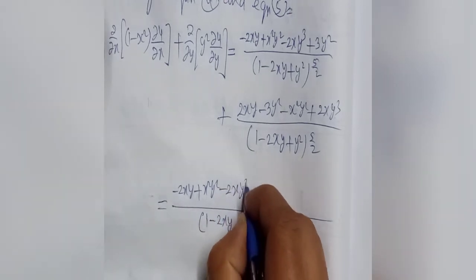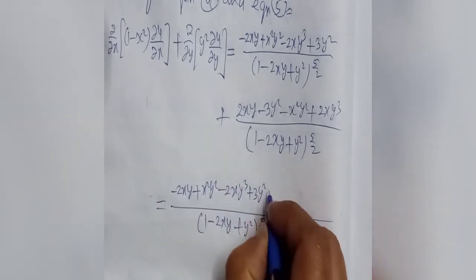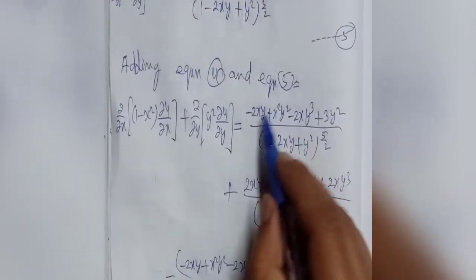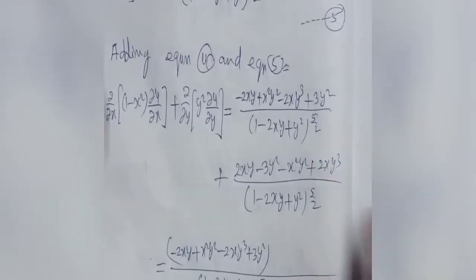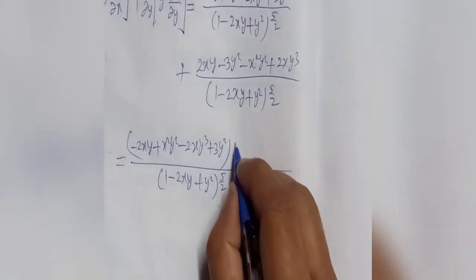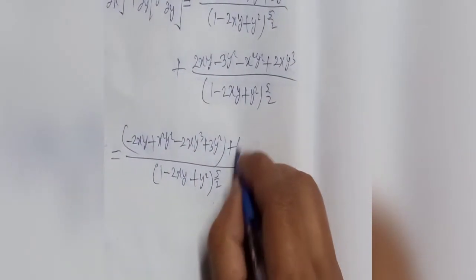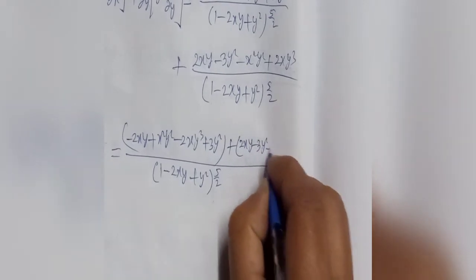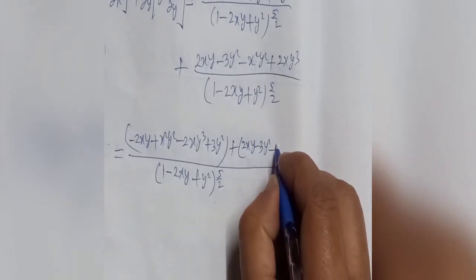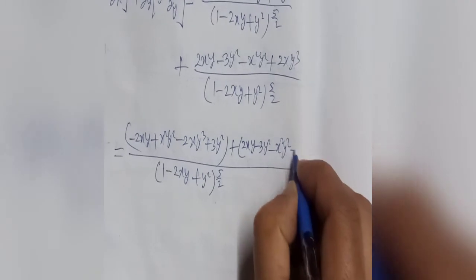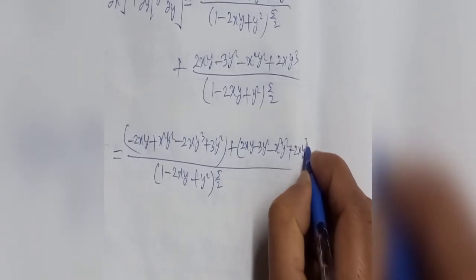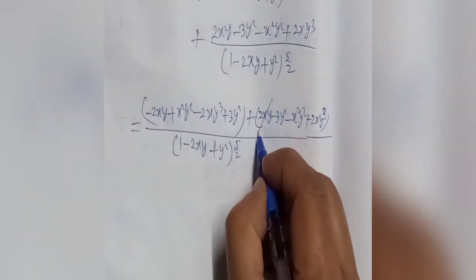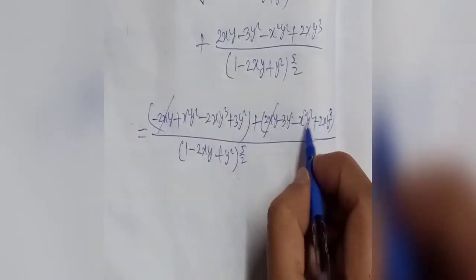What you can also do is write this value: minus 2xy plus x square y square minus 2xy cube plus 3y square. This is the numerator of the first term, plus the numerator of the second term: 2xy minus 3y square minus x square y square plus 2xy cube. On opening the bracket we see that this value is positive, this value negative, and they cancel out.